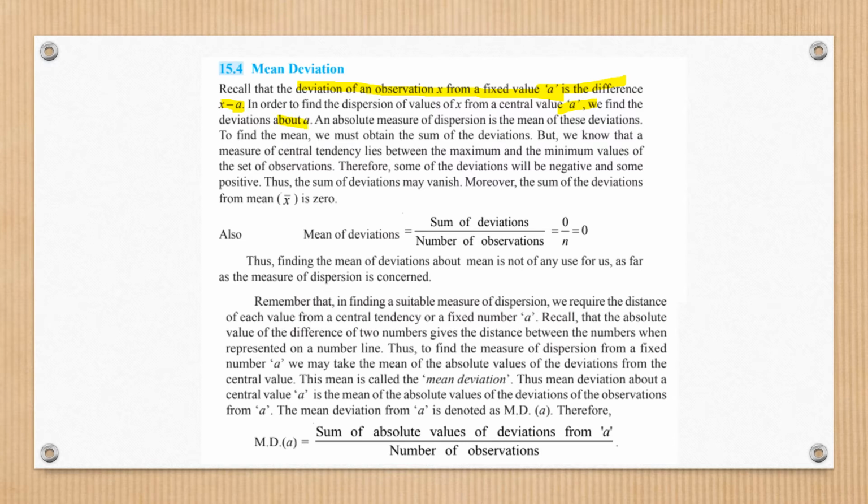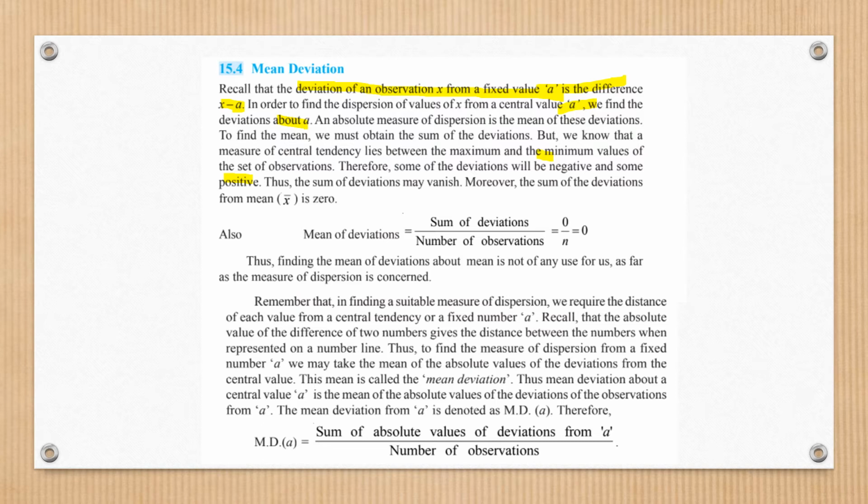To find the mean, we must obtain the sum of deviations. But a measure of central tendency lies between the maximum and minimum values of the set of observations. Therefore, some deviations will be negative and some will be positive. In the di table that you frame while calculating the mean, di is xi minus a, you find that some values were positive and some were negative.